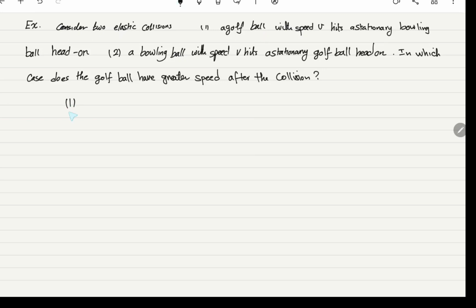In the first case, the magnitude of v before the collision equals v after the collision.